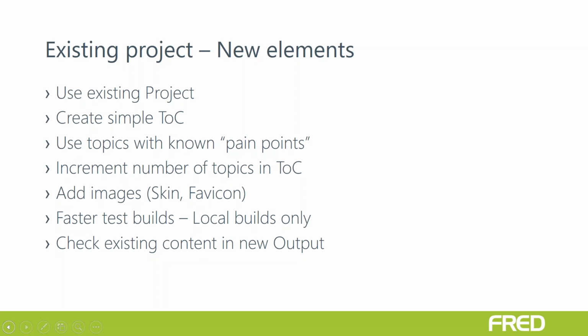They're very wide. It's a grid. A lot of the screenshots describe gridded elements. So I was a bit worried that it was going to run into the side menu and a few other things. So I had a very simple table of contents with a few topics which I knew would be problematic.